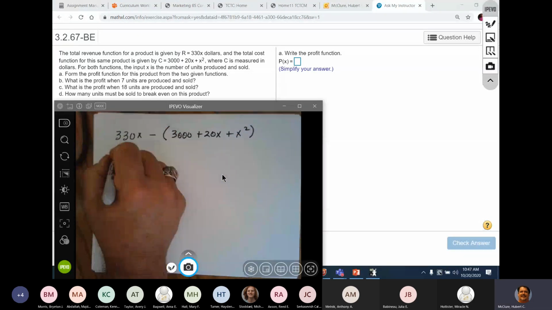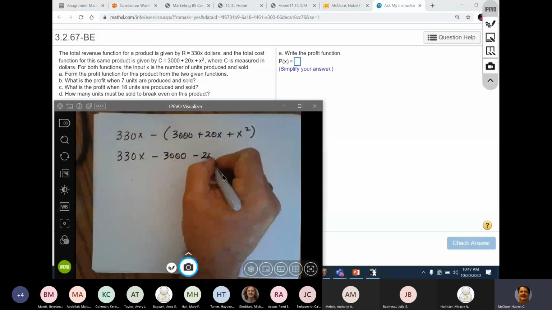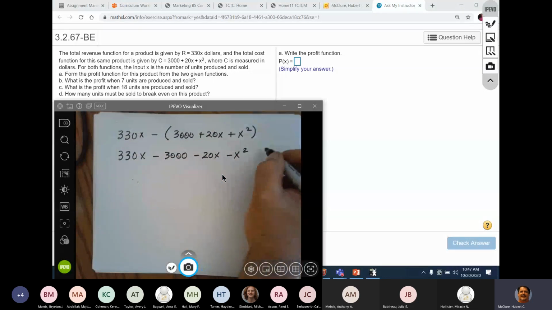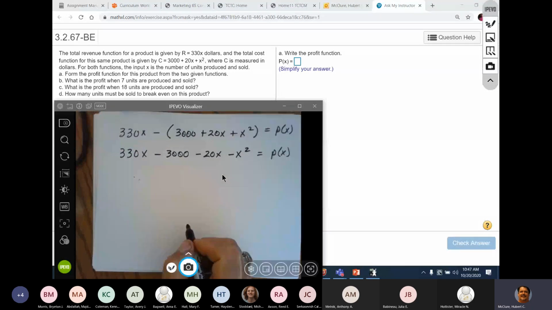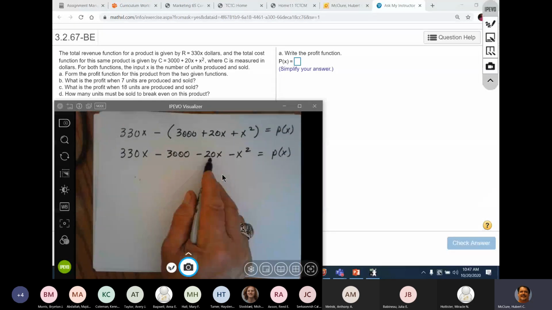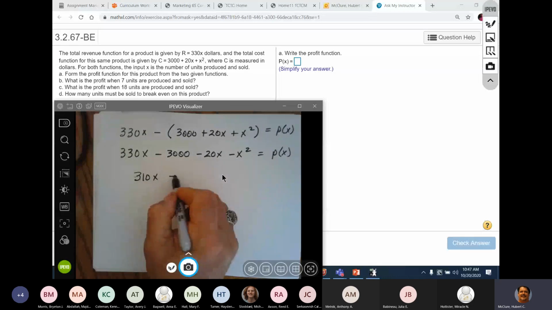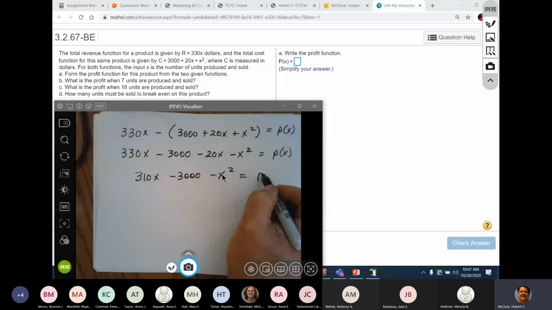So 330x minus 3,000 minus 20x minus x squared, and that's equal to P of x. And 330 minus 20 is 310. So that's going to be 310x minus 3,000 minus x squared is equal to P of x.